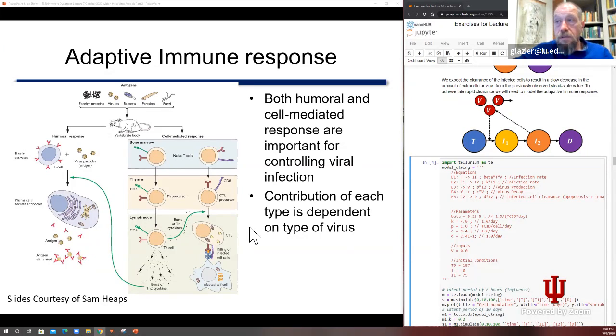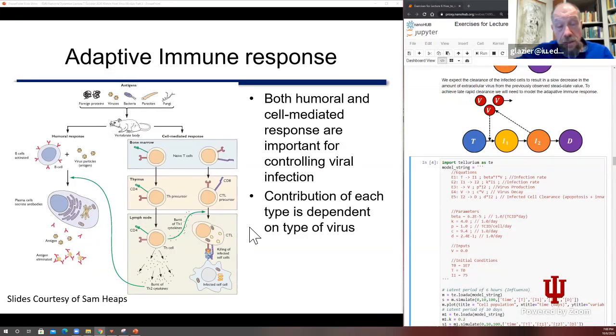Now, there also is a second set of responses which stimulate what are called B cells that produce specific antibodies to the virus. And we're not going to go into that today, and probably not much in this class, although it's a very important set of questions.